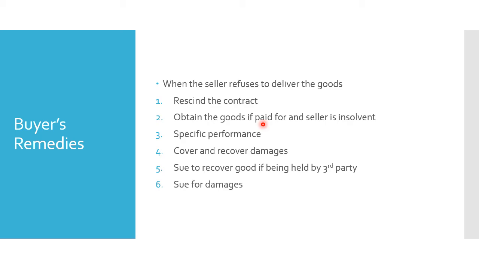Specific performance, which is probably the least common of the remedies on this list. You're asking a court to compel the seller to do what they agreed to do, right?